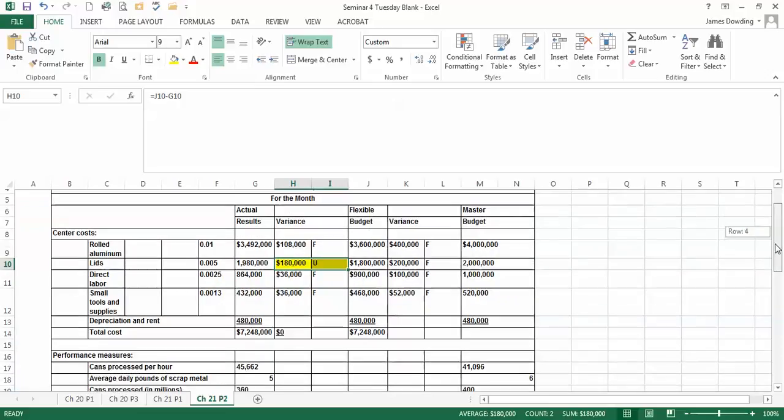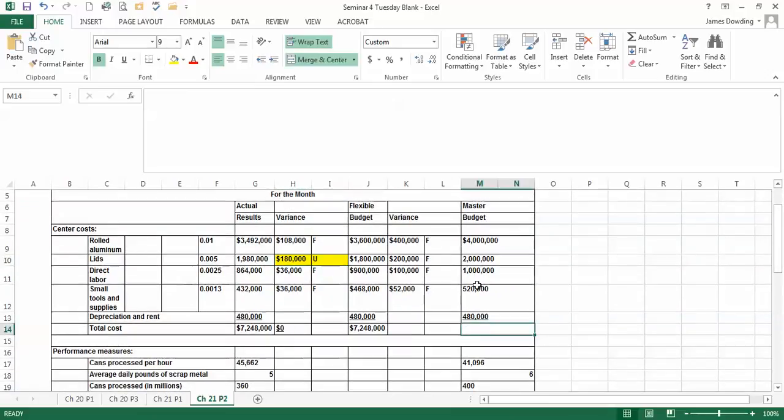And again, let's look at the total of our master budget. We had anticipated costs of 8 million. We only had costs of 742 million. So let's calculate the difference on that, and we have a difference of 752,000.